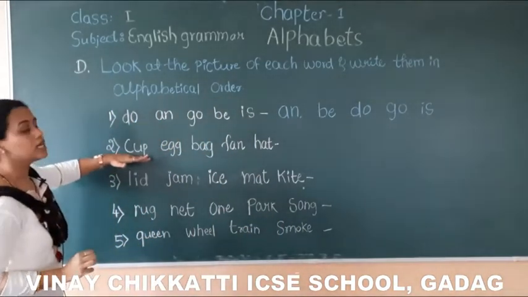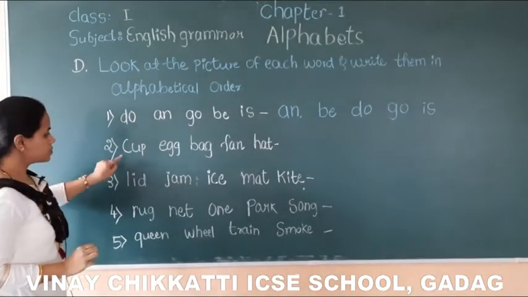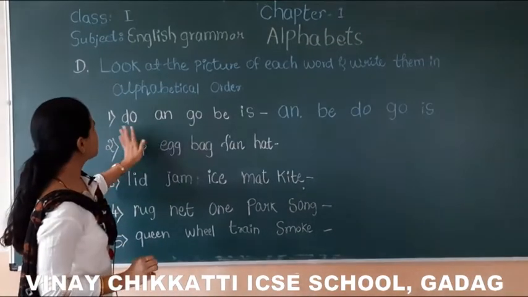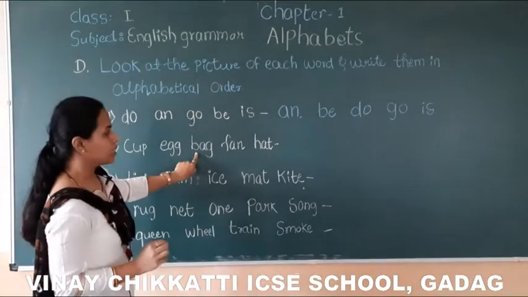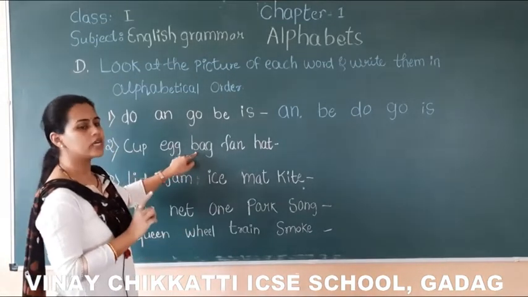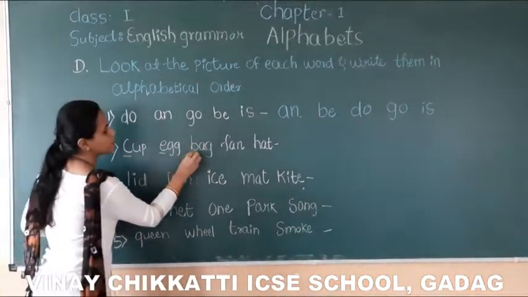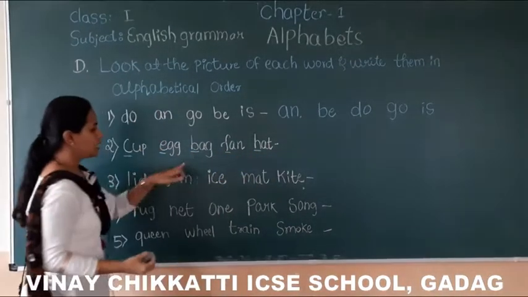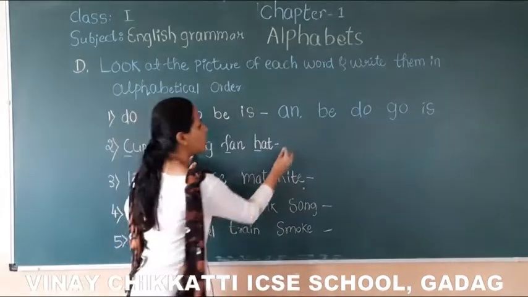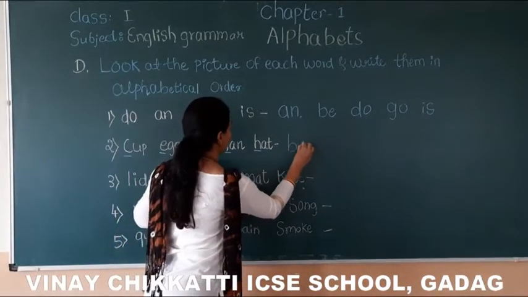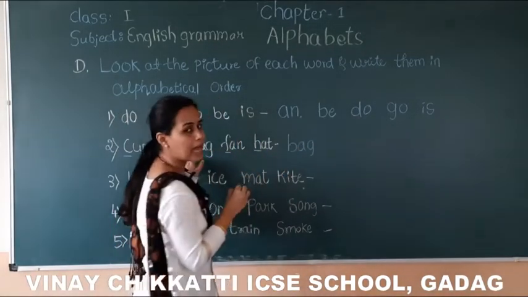Then here 3-letter words. So again see B. A is not here. So B. So we should see the first letter. Okay. B. So B, A, G. Bag.